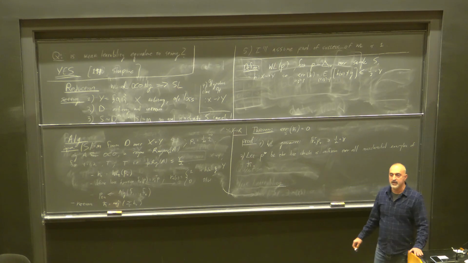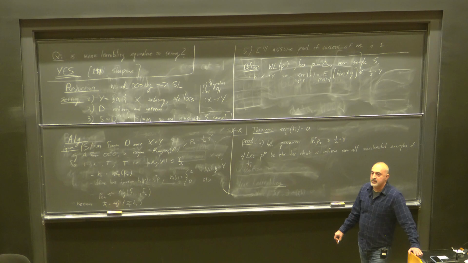Suppose there are examples it doesn't classify. Let P star be the uniform distribution over them.